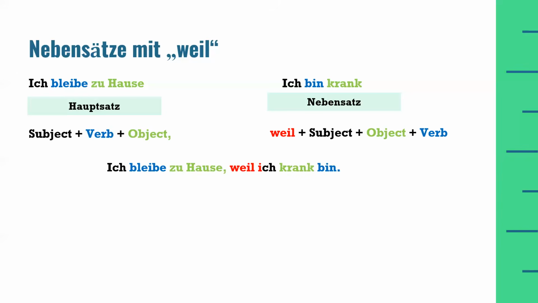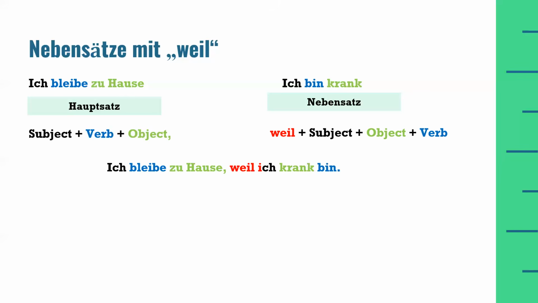In this case, it will be Ich bleibe zu Hause. So the main clause or the Hauptsatz will remain as it is. On the subordinate clause or the Nebensatz, we have to apply the rule that we have mentioned just earlier: weil ich krank bin.